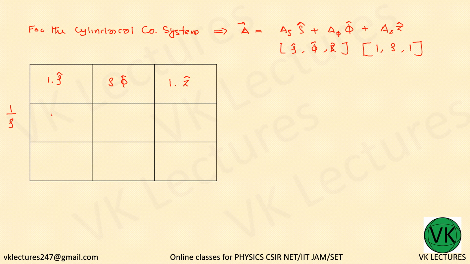Here it is dou by dou rho, dou by dou phi and dou by dou z. Now this is again 1 into A rho, h2 is rho into A phi, then 1 into Az.